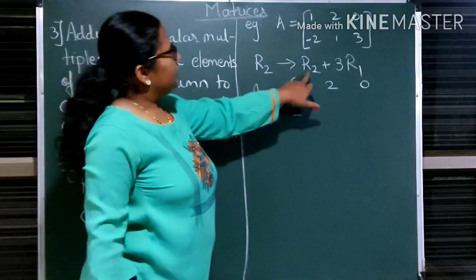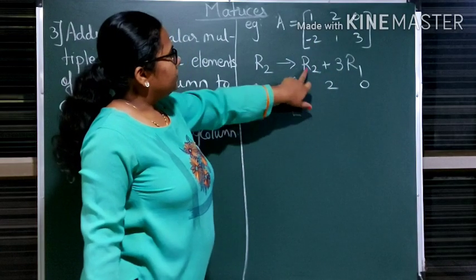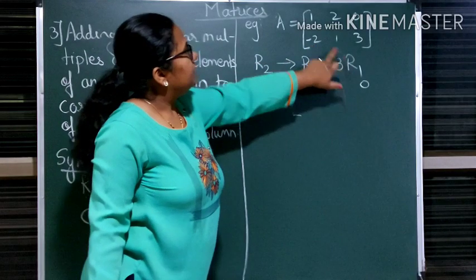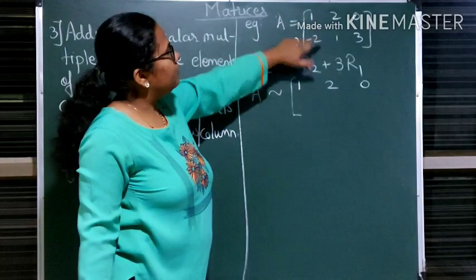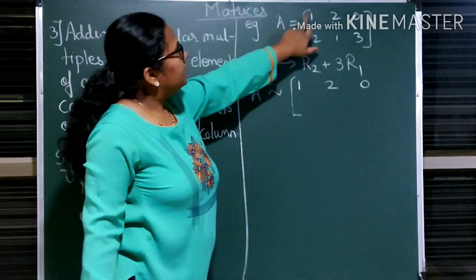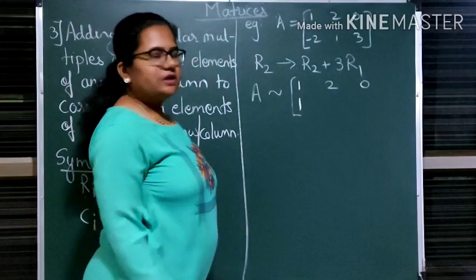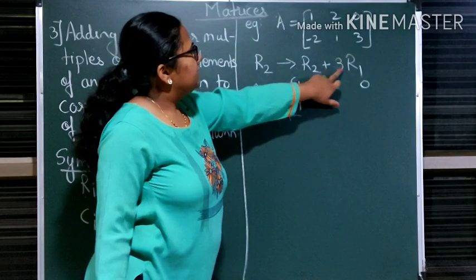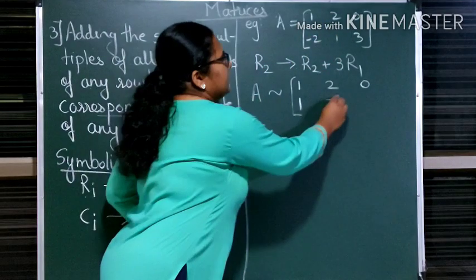Let us start with the operation on R2. So what should be the element here? Take the first element minus 2 plus 3 into R1, that is 3 into, what is the corresponding element here? This is the corresponding element to minus 2. So 3 into 1 is 3, minus 2 plus 3 is 1. Now move ahead to the second element, 1 plus 3 into 2. 3 into 2 is 6, 6 plus 1 is 7.